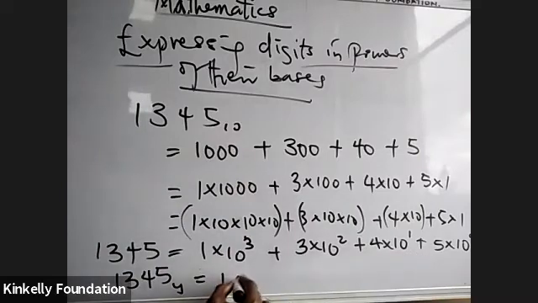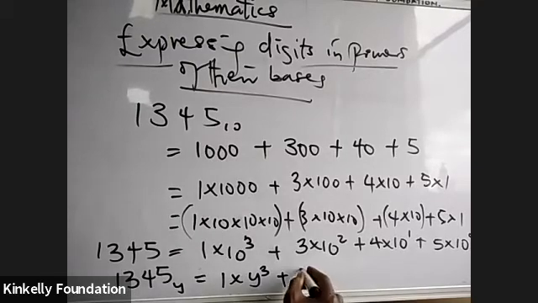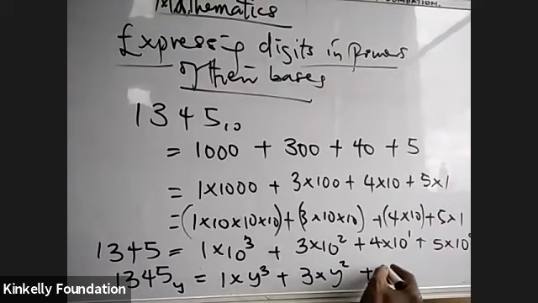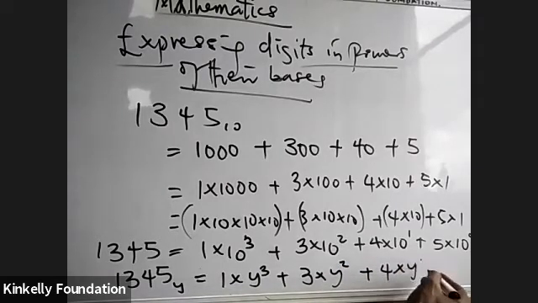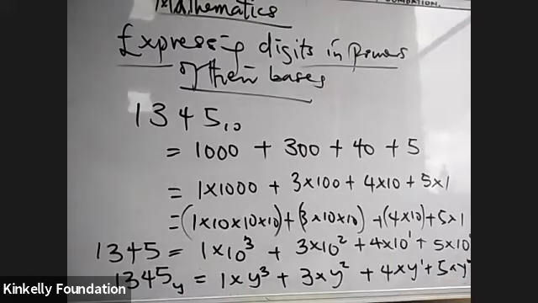We have 1 times y raised to power 3, plus 3 times y squared, plus 4 times y to the power 1, plus 5 times y raised to power 0. You see what we have here?